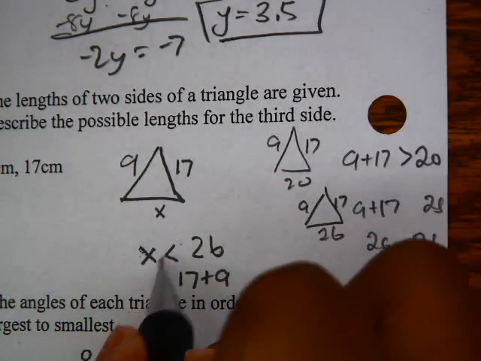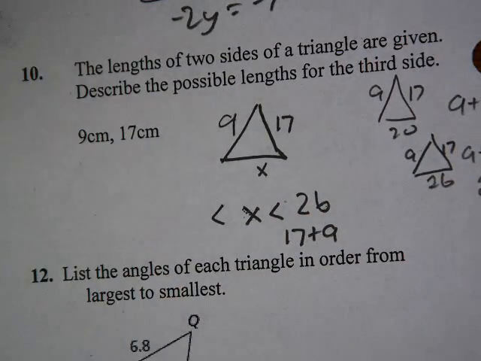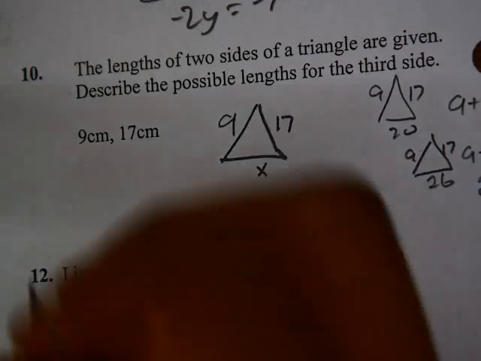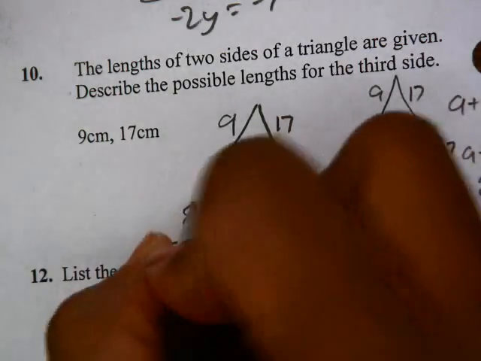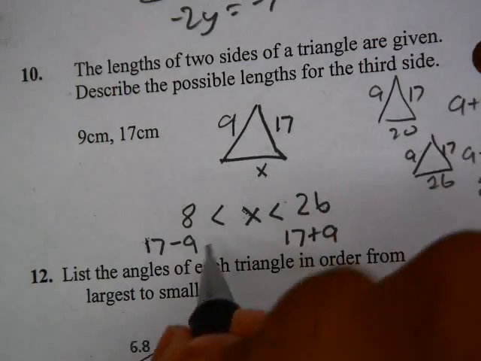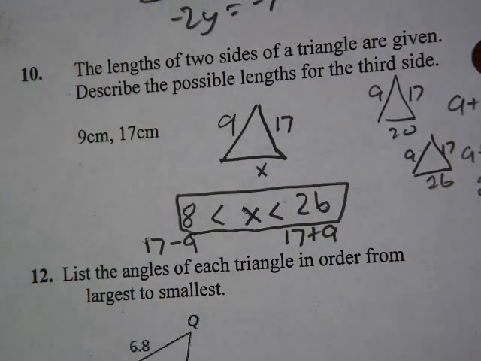So I have to say that x has to be smaller than 26. And on the small side, there's a restriction on how small it can be. To figure that out, we do 17 minus 9, which is 8. So the third side needs to be bigger than 8, but smaller than 26.